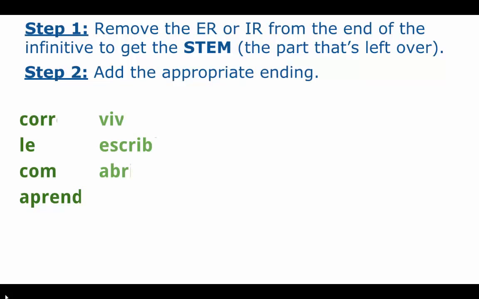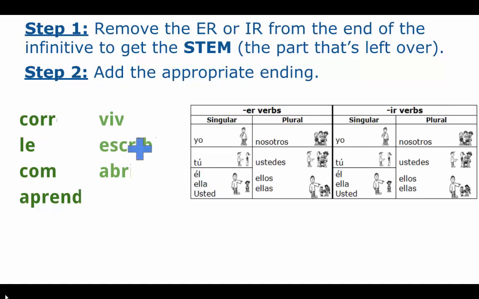The second step is to add the appropriate ending. So like I said before, this is where the difference comes in between the ER and IR verbs versus the AR verbs. So let's look at our ER verb endings first. The yo ending is o, tú, es, él, usted, e, nosotros, emos, ustedes, ellos, ellas, en.